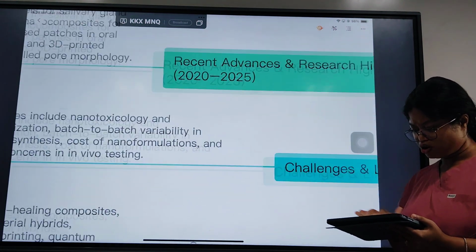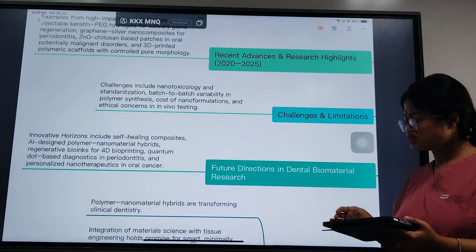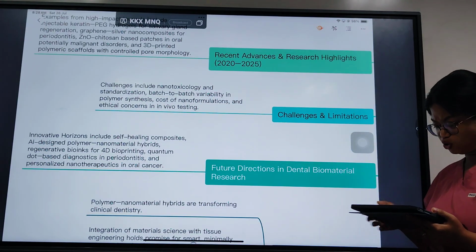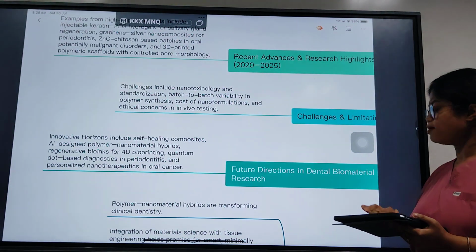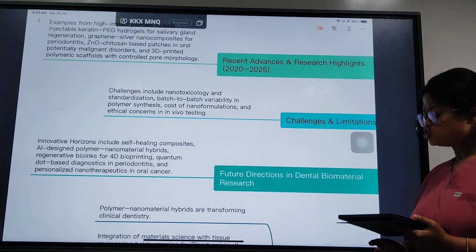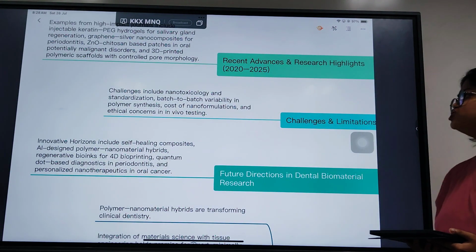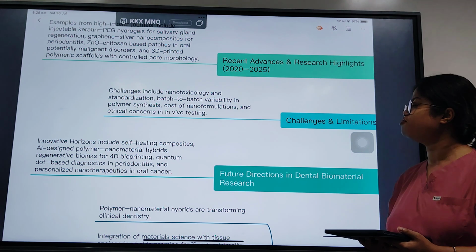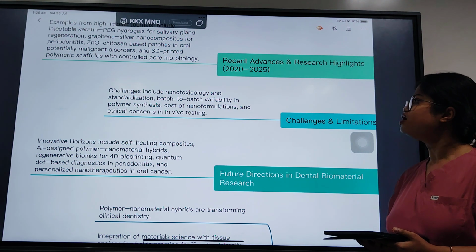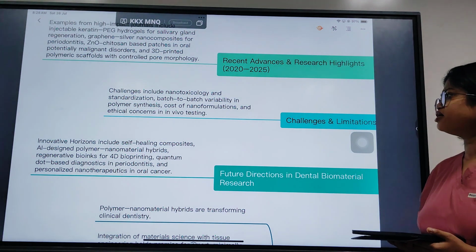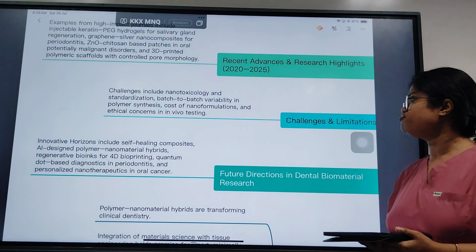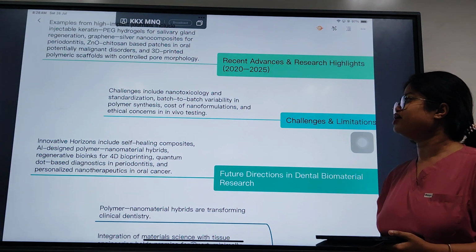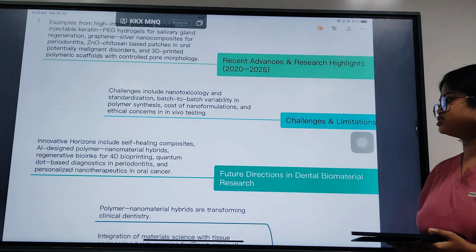These are the recent advances and research highlights from 2020 to 2025. When we come to the challenges and limitations, they include nanotoxicology and standardization of the developed biomaterial, batch-to-batch variability in polymer synthesis, cost of nano formulations, and ethical concerns in in vivo testing.